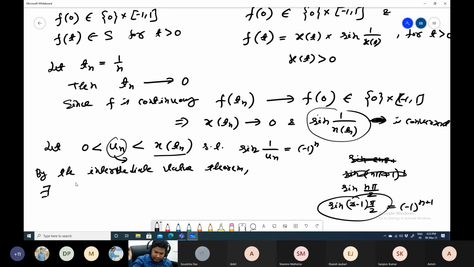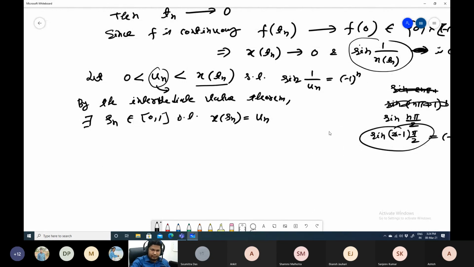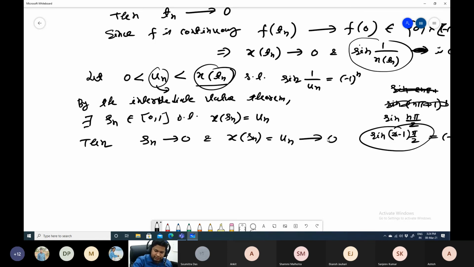I have taken Tn there, we do not need Tn, so we take another number Sn in 0, 1 such that x of Sn equals un. Now you can see that Sn tends to 0 and x of Sn, which is un, also tends to 0.